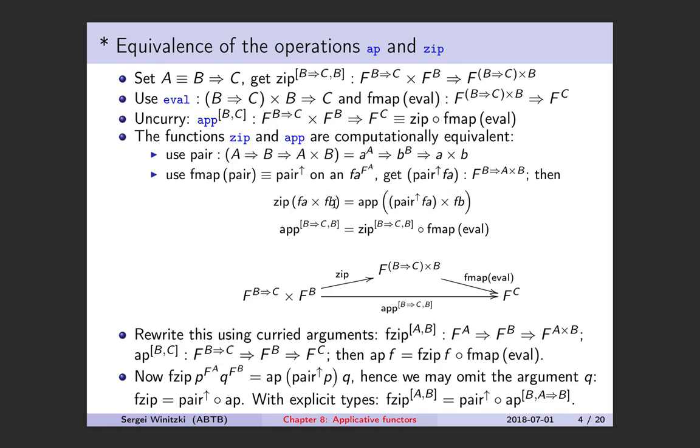So then, applying that app, we get fc, and c is a to b. So that's exactly the right type, namely f of a times b. So c is a times b, not a to b, sorry. C is a times b. And so we have expressed zip through app, and we have expressed app through zip.